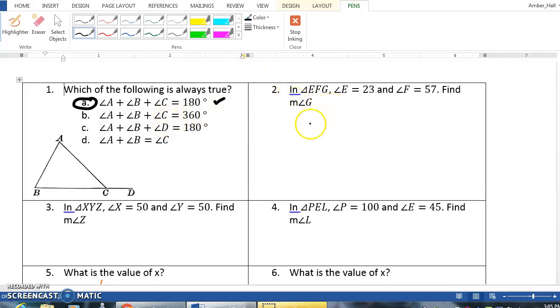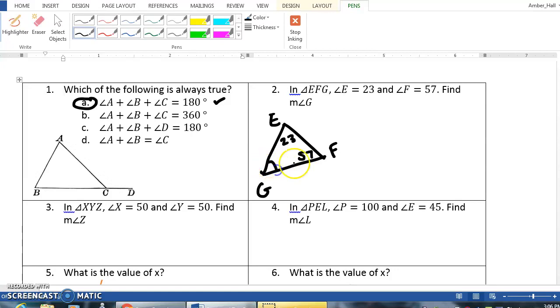Number 2. In triangle EFG, angle E equals 23 degrees and angle F equals 57 degrees. Find the measurement of angle G. Well, if we draw our triangle EFG, angle E is 23 degrees, angle F is 57 degrees.